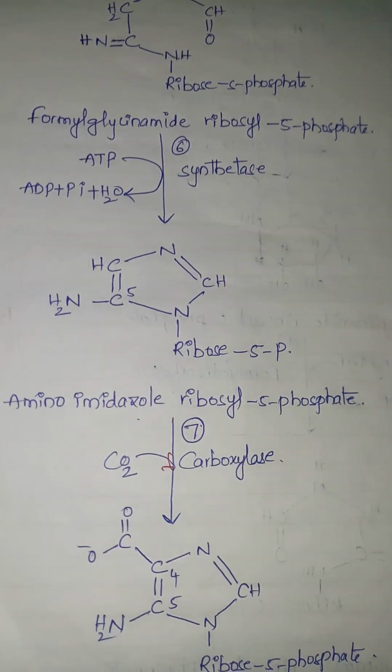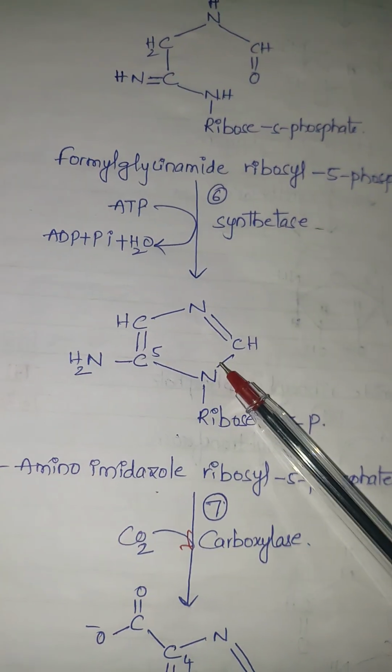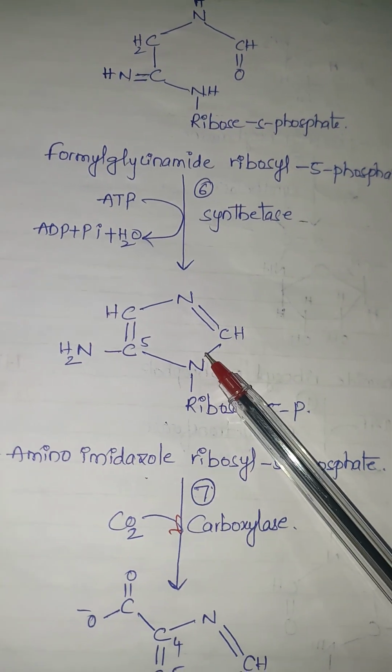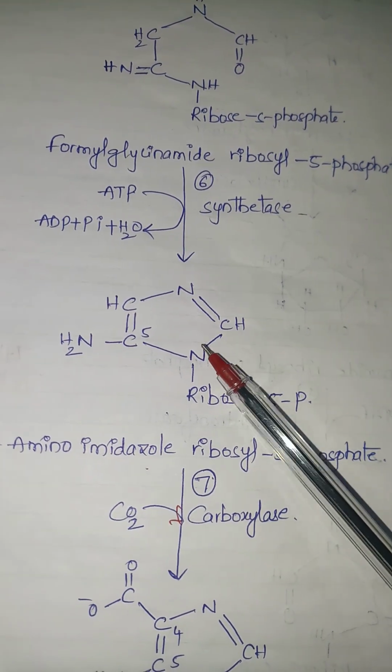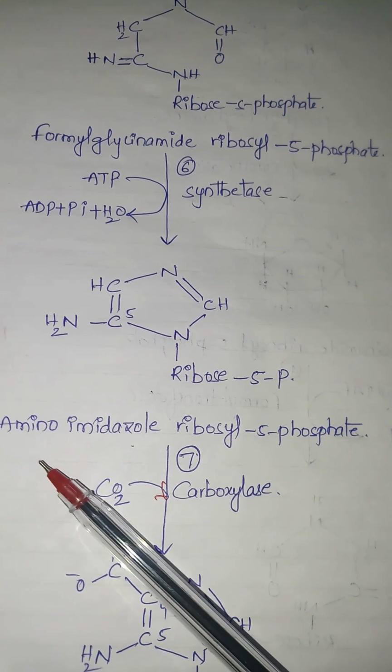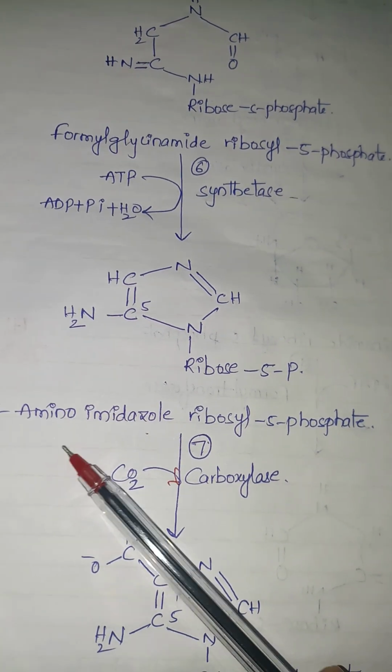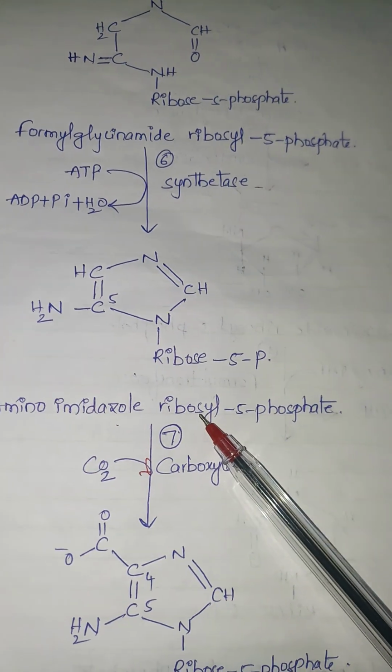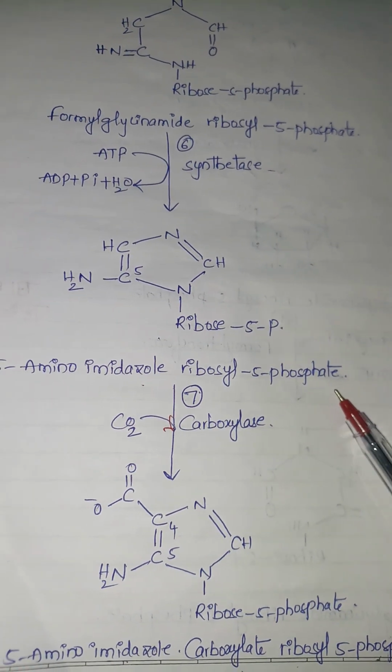Here the imidazole ring of purine is closed in an ATP-dependent reaction to yield 5-aminoimidazole ribosyl 5-phosphate.